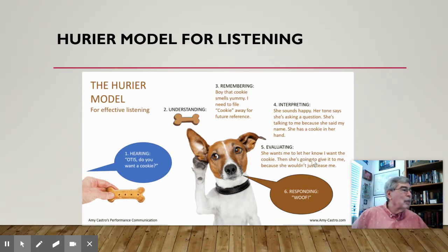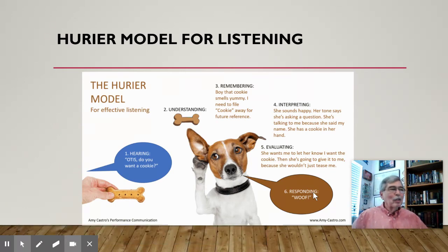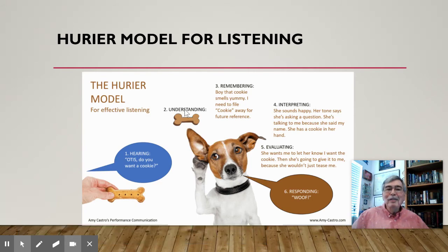Well, she wants me to let her know that, yeah, you bet I'd like that cookie. So what do I need to do? I need to respond, woof, you bet, I'll take the cookie. All right, so there's the HURIER model of listening in action. So, we've gone from passive hearing to active listening and understanding, remembering what it is that we're hearing, interpreting it, evaluating it, and responding.